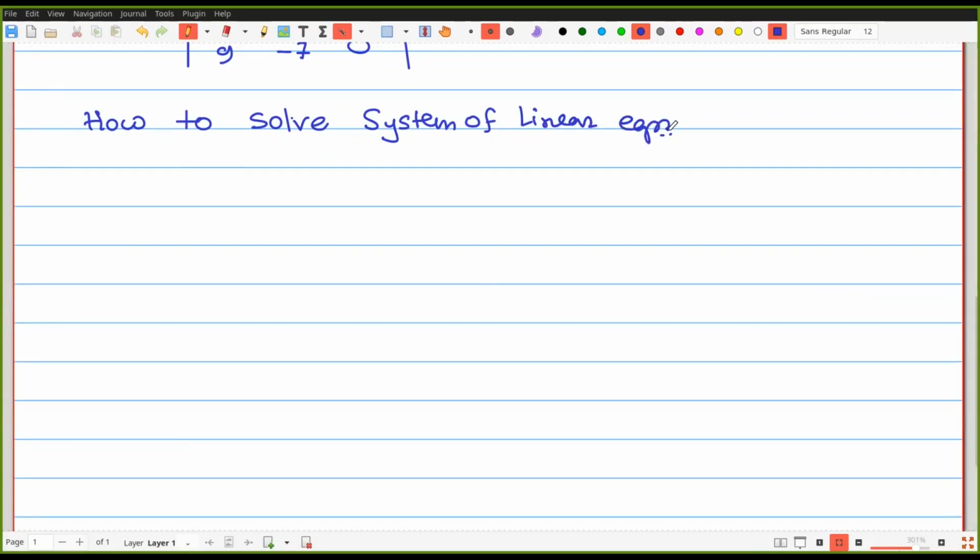Here we need the determinant, and the way is Cramer's rule. Suppose we have a system of linear equations, a1x plus b1y plus c1z equal to d1.